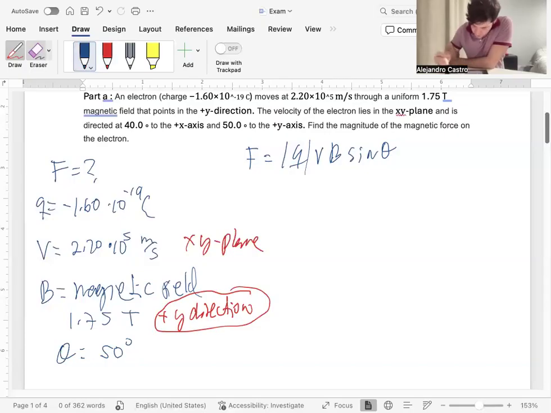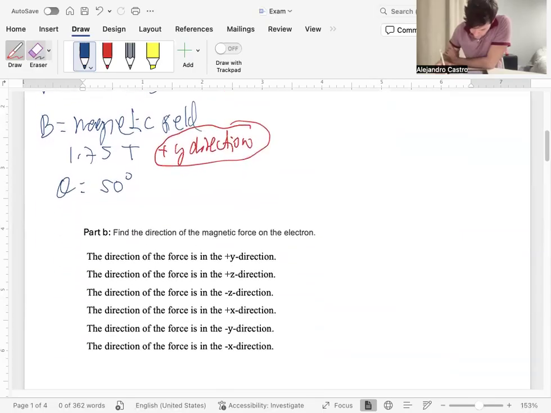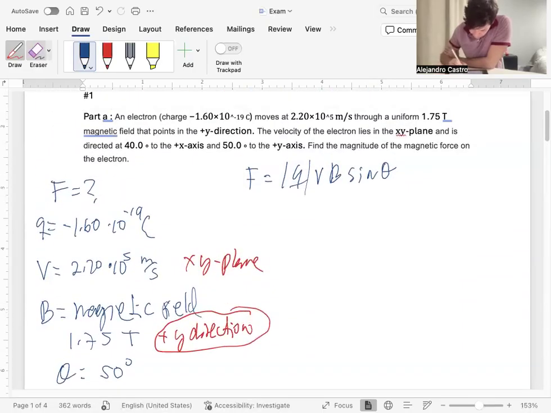With all that information, we can just plug it into our formula to find the magnitude of the magnetic force on the electron. We have everything we need. This one is positive now. We're going to be working with the absolute number.